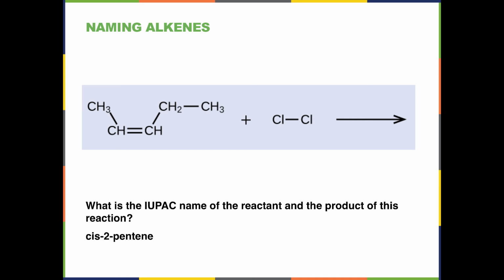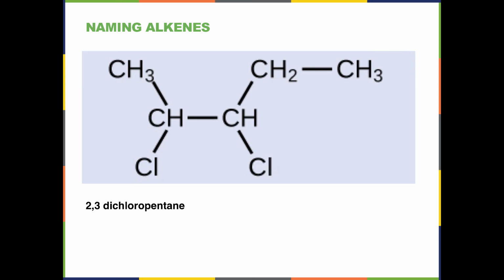And then both these chlorines are going to come in and attach themselves, and so you're going to end up with 2,3-dichloropentane as the product. And that's shown right here. 2,3-dichloropentane is the resulting product once the reaction occurs.